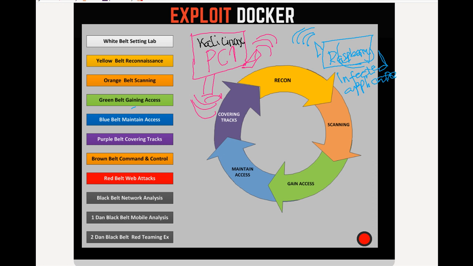Now, the question will be, where are we going to install Docker? In this Kali Linux, in the kernel, we are also going to install Docker. So we'll install the Docker engine and we'll be using that.